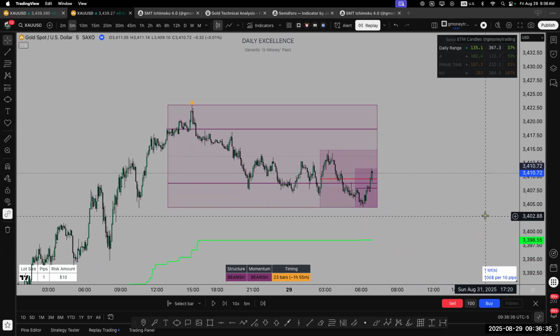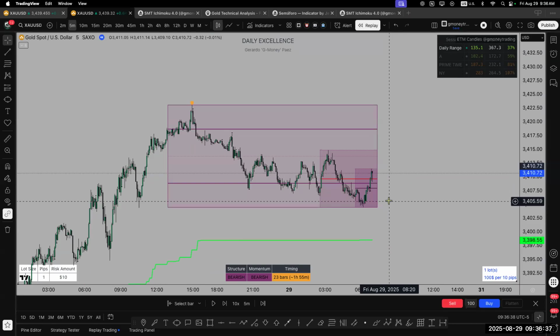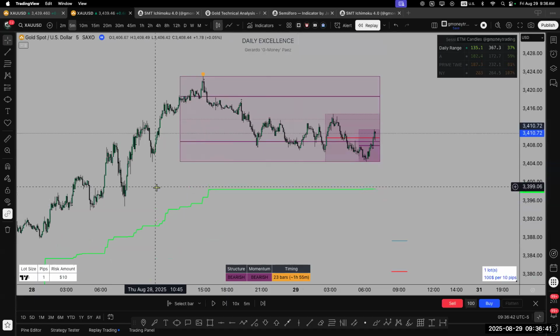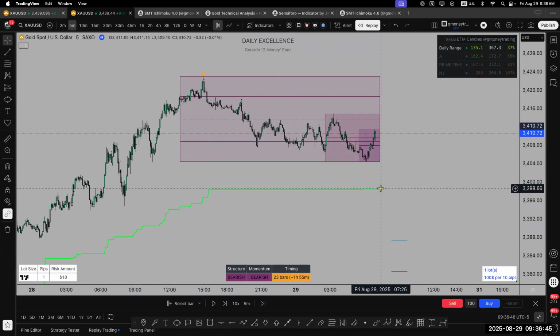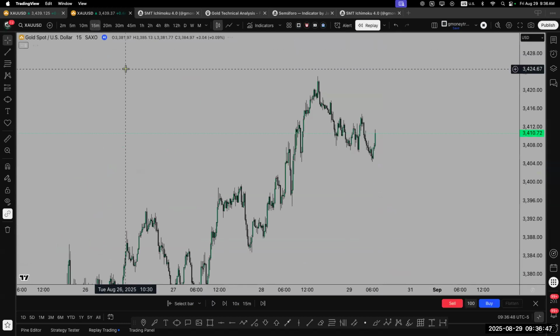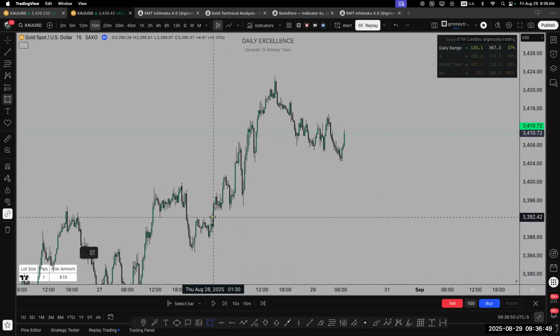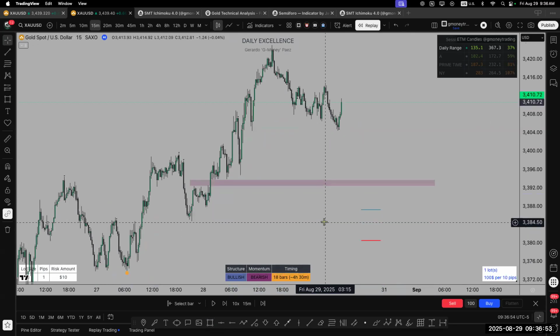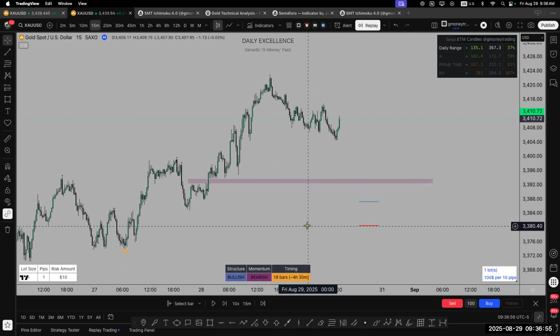Okay. So in this scenario, like today, guys, today I was actually looking for buys lower. Let's just say today I was looking for buys at this green line, more specifically, down here. That's exactly what I want to buy from.